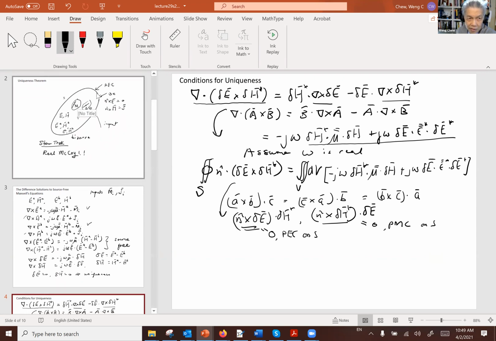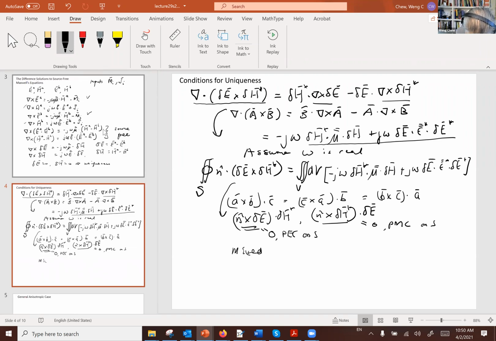I can also make the surface so that part of this is PEC, part of this is PMC, so that on part of the surface, the PEC boundary condition will be satisfied, and on another part, the PMC boundary condition will be satisfied. Those are called mixed boundary conditions.